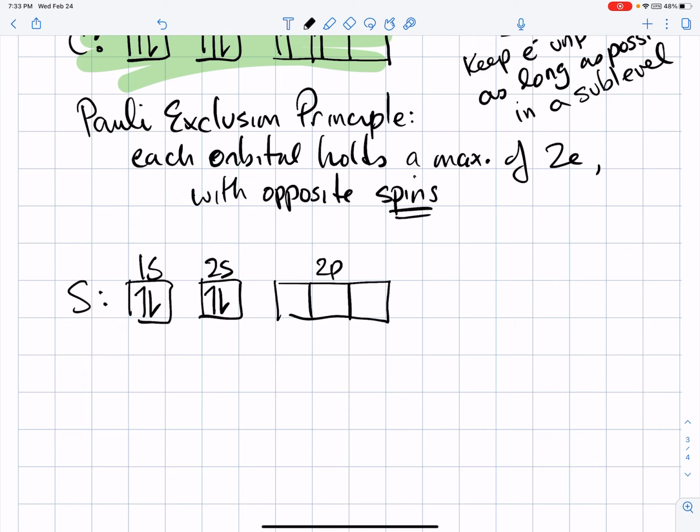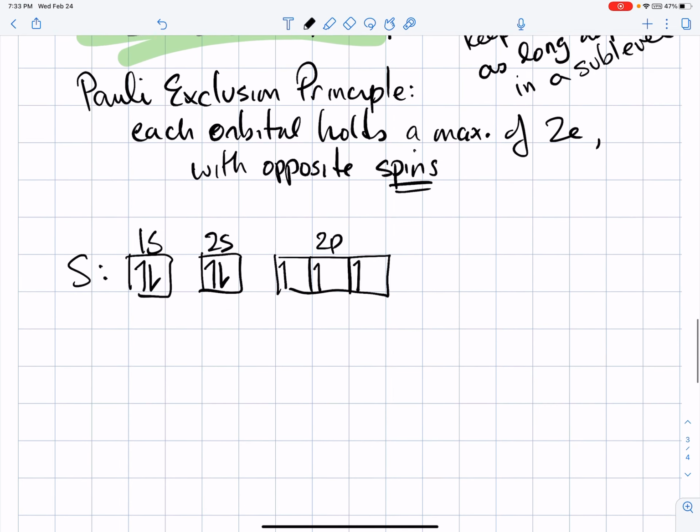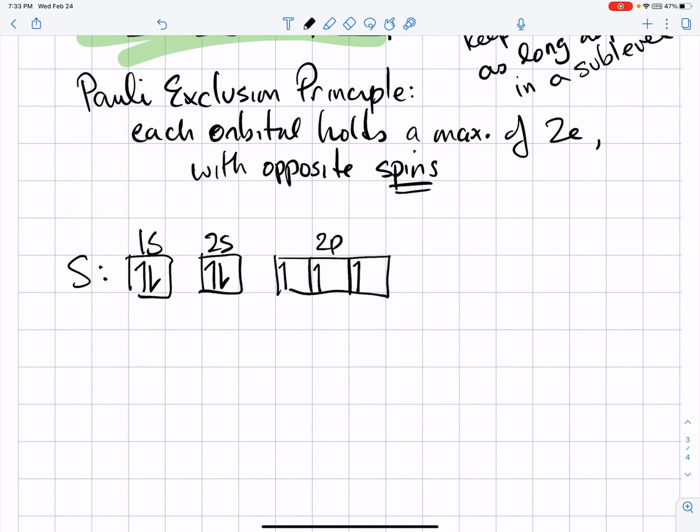And now watch, let's obey Hund's rule. It's going to have 6 electrons here, but look how I'm going to put them. 1, 2, 3. Keep them separate as long as possible. That's what Hund's rule said. Keep the electrons unpaired as long as possible in a sublevel. But now we need 3 more electrons to go in.